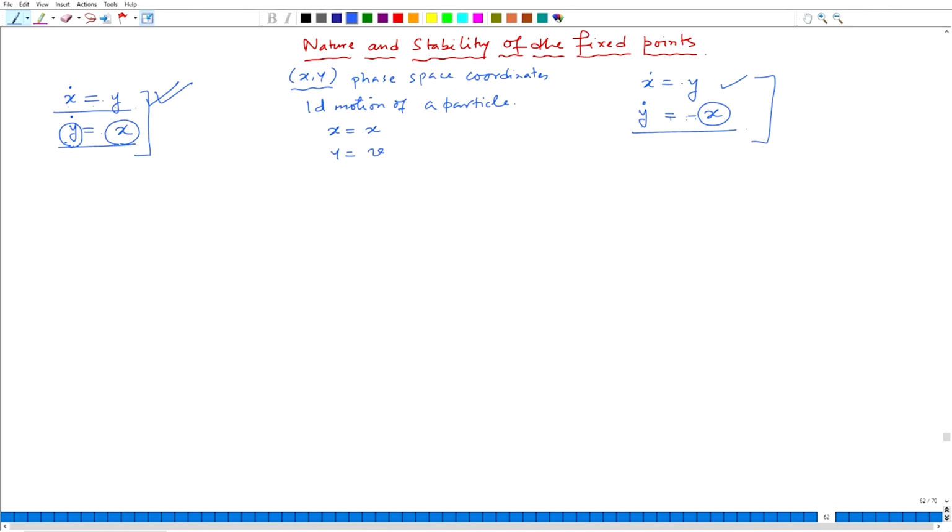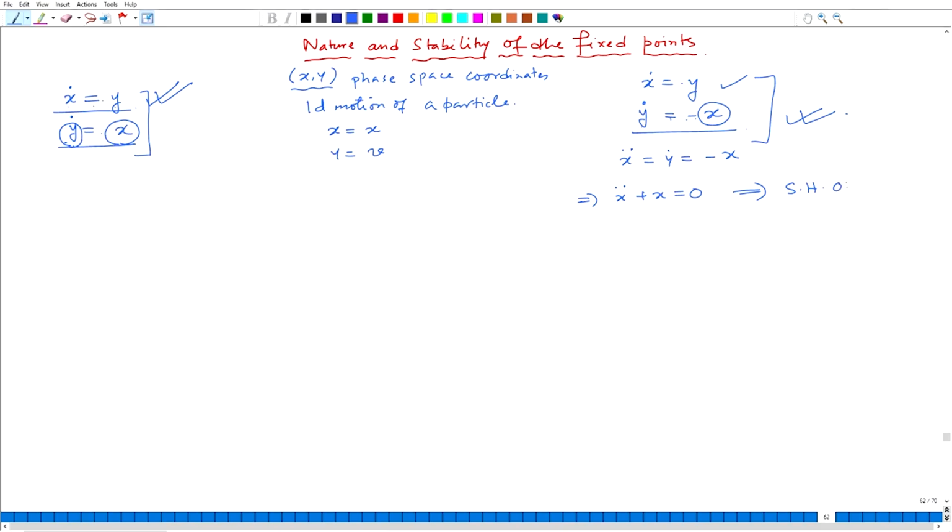Now, the first point is that this system is very well known to us, because if you simply do x double dot, that will be y dot and that is your minus x. So, x double dot plus x is equal to 0, and this is an equation of a simple harmonic oscillator.